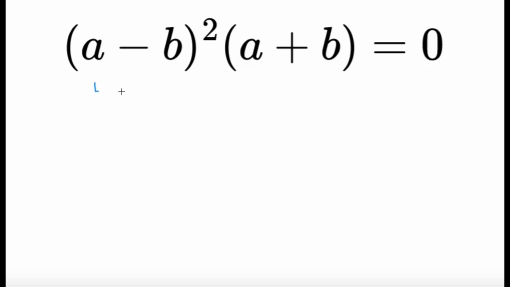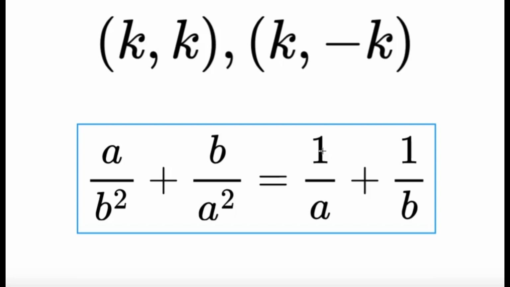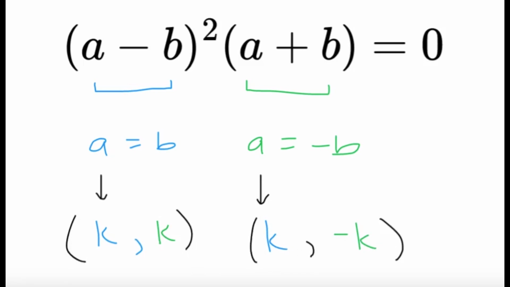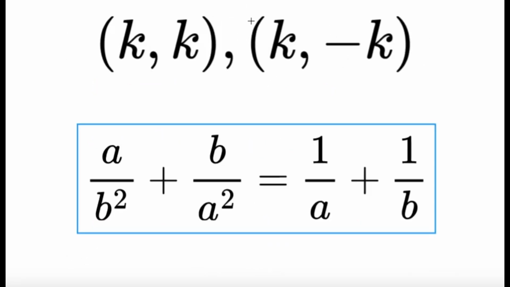So I'll have two possible cases here: a equals b from the a minus b case, or the second case, a equals negative b. All right. From these two, I can just make a, for example, k, and then if a equals b, my b should also be k. That's going to give us the first set of ordered pairs. And then for the second ordered pair, I can still make a k, but that's going to make b negative k. Those are the two general ordered pairs we see here.